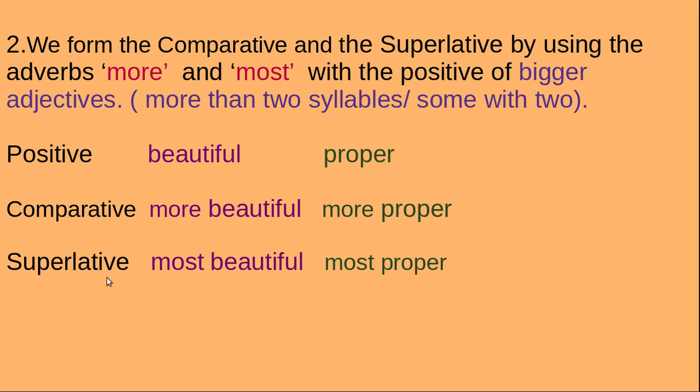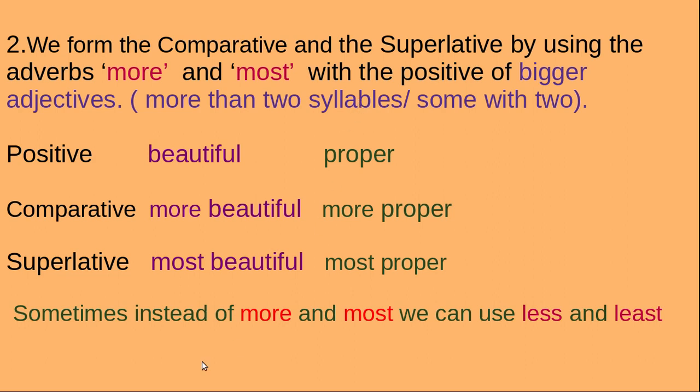Okay. Now I think it is clear. When the adjective is big, not small, that means if there are more than 2 syllables or sometimes with 2 syllables, we have to add the adverb more before it to form the comparative and most to form the superlative. Okay, right.